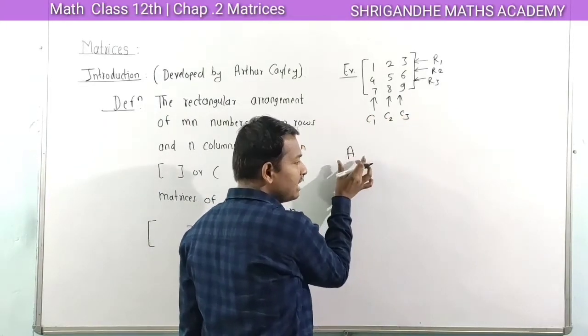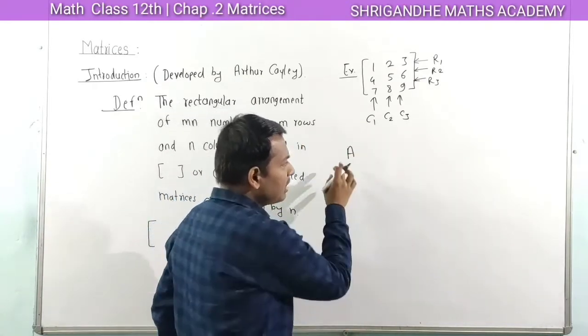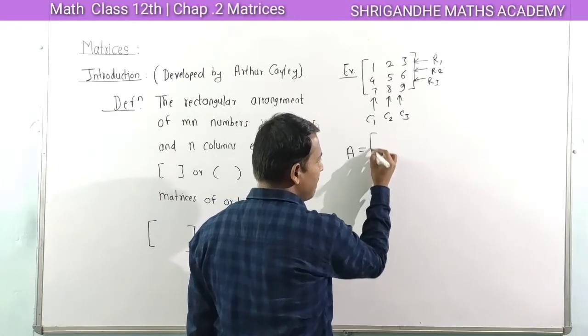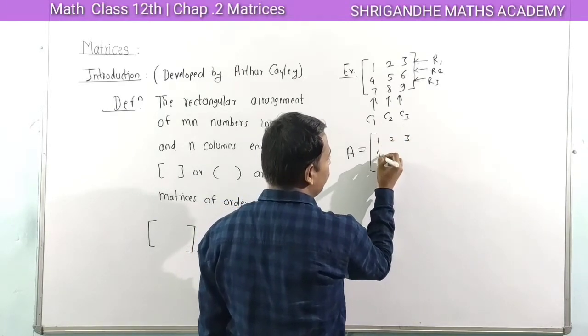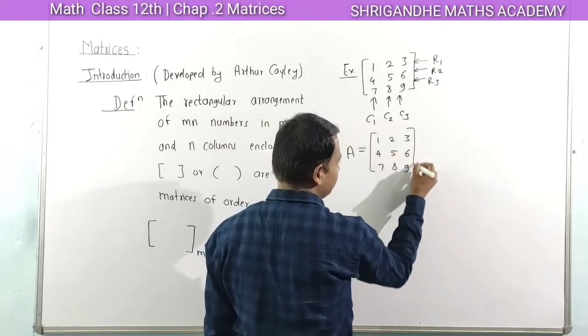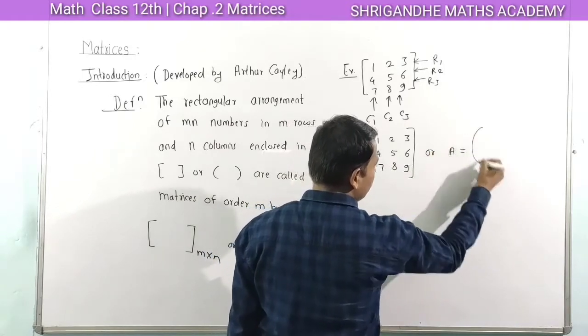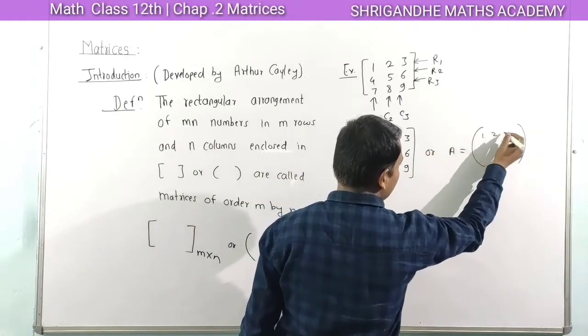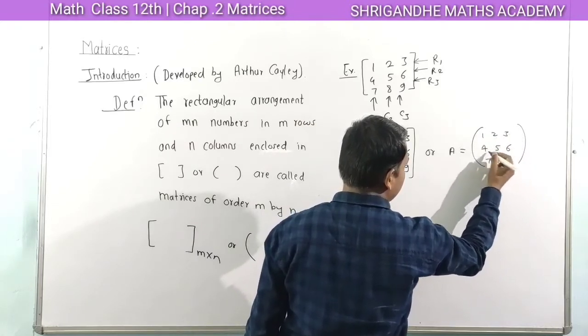Now this matrix can also be written as capital A. Capital A is the letter which shows the given matrix. Therefore A is equal to the matrix 1 2 3 4 5 6 7 8 9.